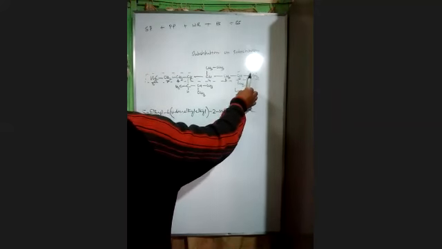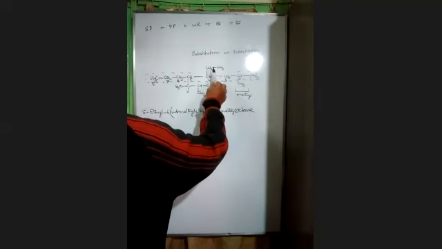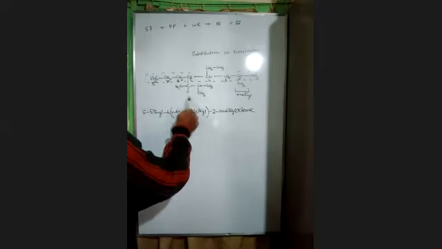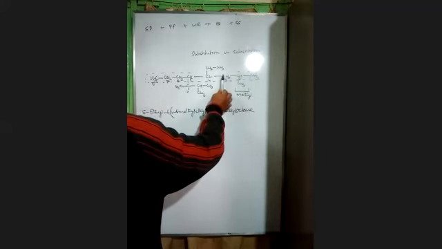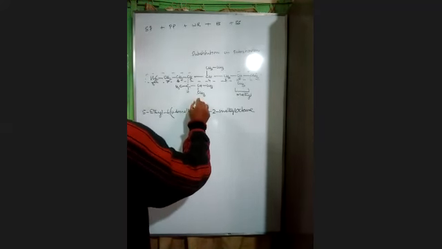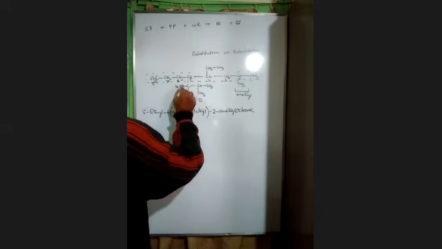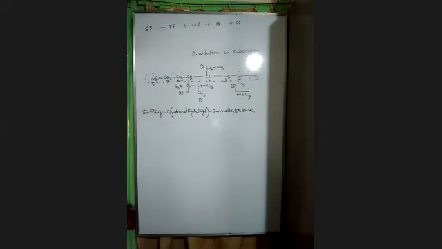Which one will we take now? We'll take that side which is more substituted. See here. If I count for this, 1, 2, 3, 4, 5, 6, 7, 8. How many substitutions are there? 1, 2. The whole group is 3. If I count for this one, 1, 2, 3, 4, 5, 6, 7, 8. How many are there? This is 1. This is 2. This is 3. This is 4. This is done just to confuse you. So whichever side contains more substitution, that will be the main chain.